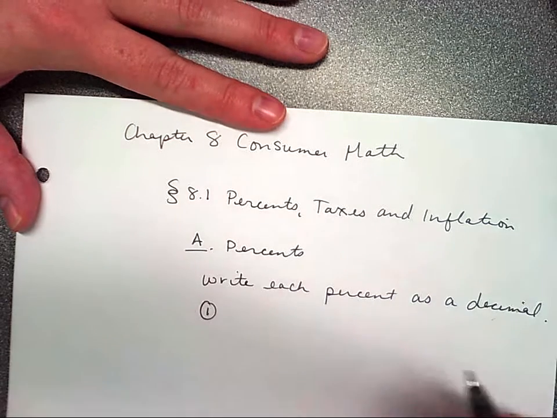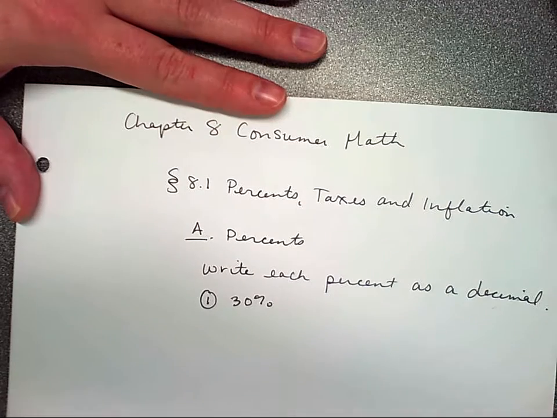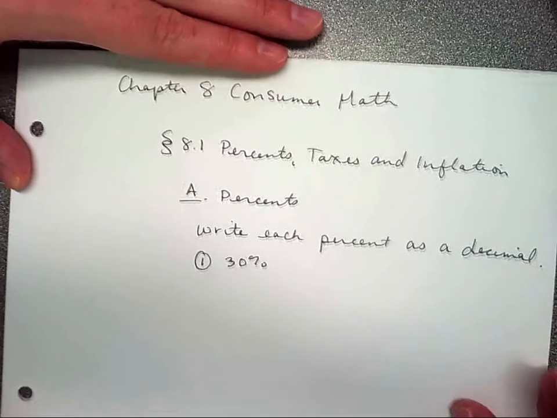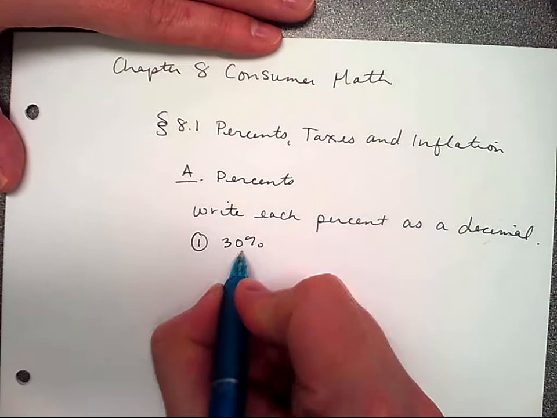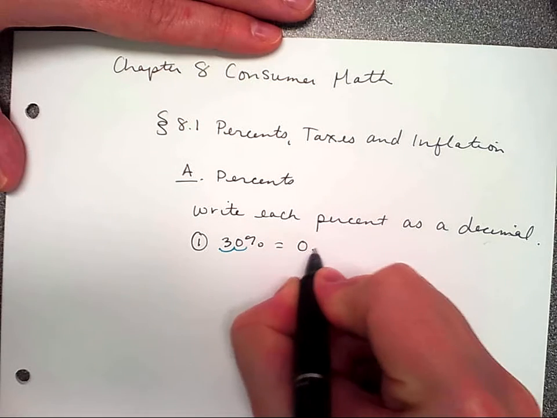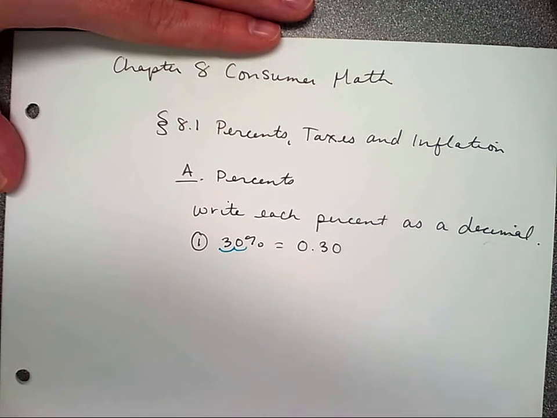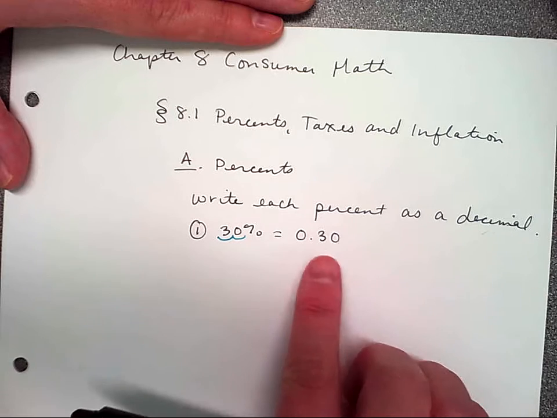Okay, so if I have 30% of something, in order to write that as a decimal, I need to move the decimal place to the left twice. So this equals 0.30 as a number. Right, as a percent, it's 30, but in order to type it into my calculator, it's 0.3.